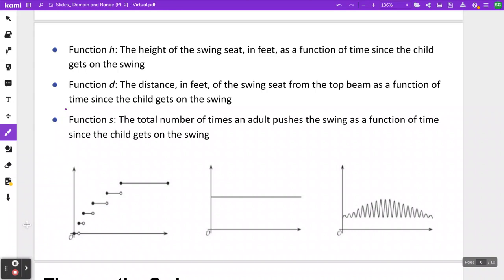Before we go over how you should have matched these up, I just want to take a moment to look at these three graphs and make some observations. Looking at this first graph, we've got a graph we've never seen before, right? It's kind of got these stair steps where it stays at the same number here and then jumps up to the next number and then jumps up to the next number. We've also got these different looking points here.